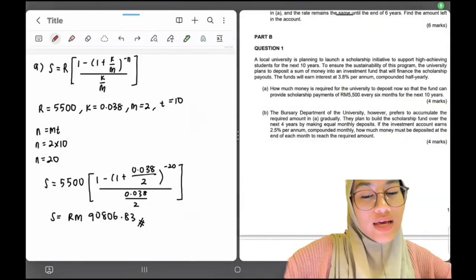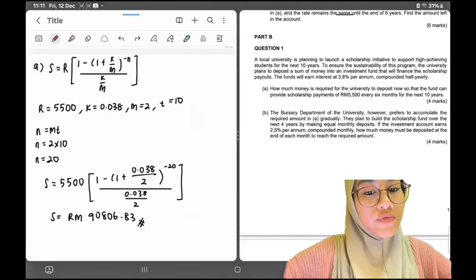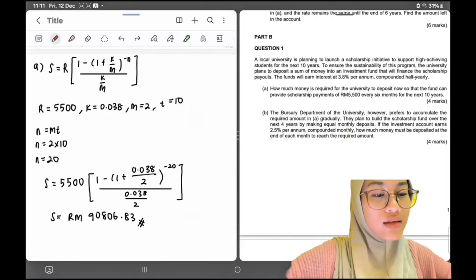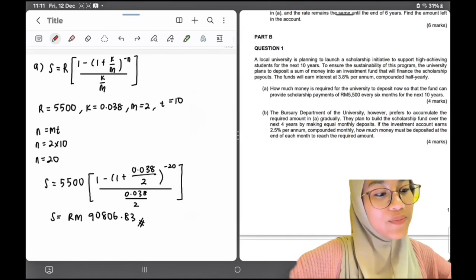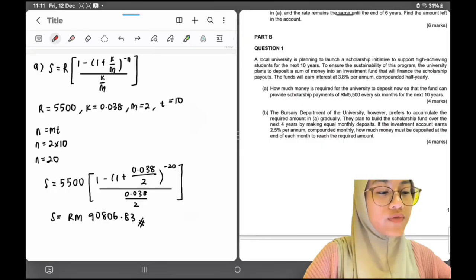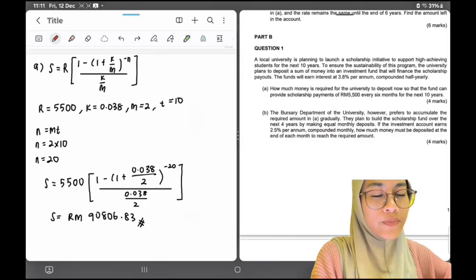So let's take a look at part B, question 1. The first question is A. The question asks how much money the university must deposit now so that it can pay 5,500 every 6 months for the next 10 years.